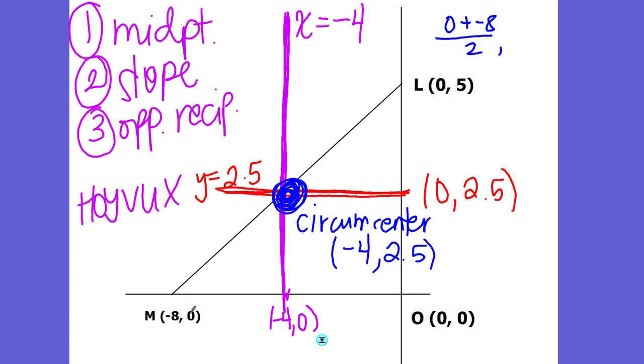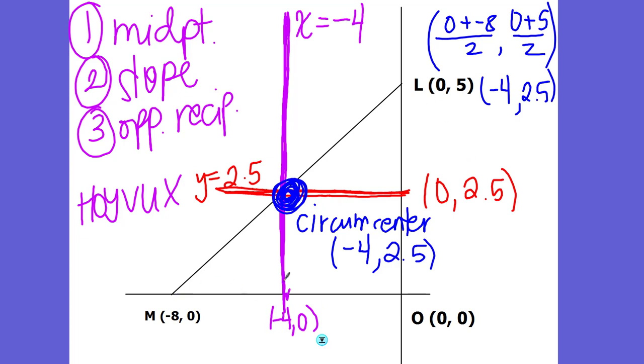Add the y's, 0 plus 5, divide by 2. I get negative 8 over 2 is negative 4. 5 over 2 is 2.5. That's the midpoint of this side LM. That's the same coordinates as our circumcenter, so I can verify that I found the circumcenter correctly because this should be the midpoint of side LM.